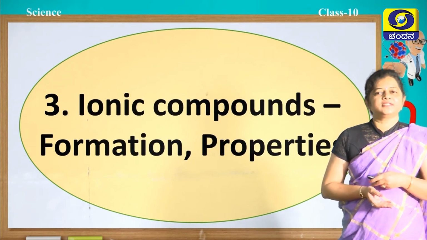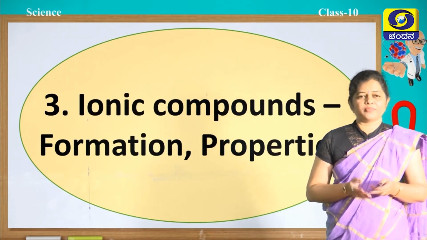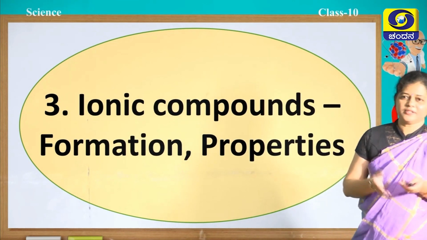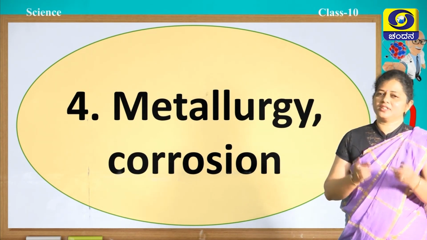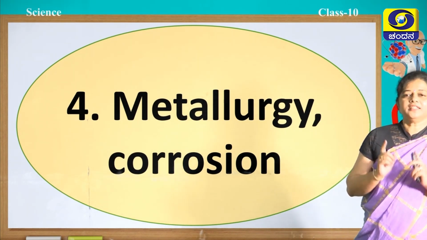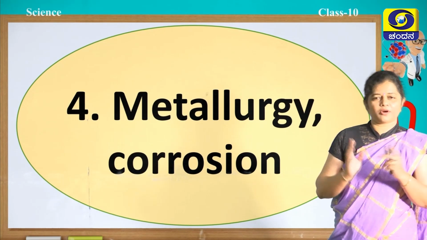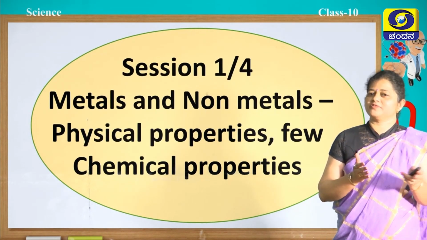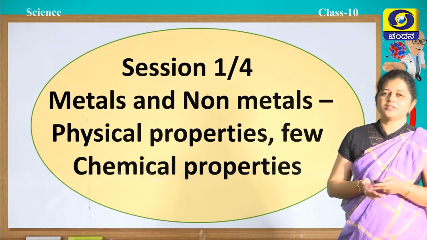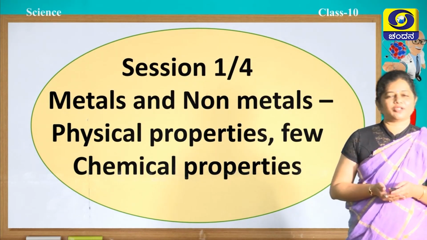And in the third, you will learn about ionic compounds and how they are formed and their properties. And in the fourth chapter, you will learn about metallurgy and corrosion and how to stop corrosion. And this session will deal with the physical properties and few chemical properties of metals and non-metals.